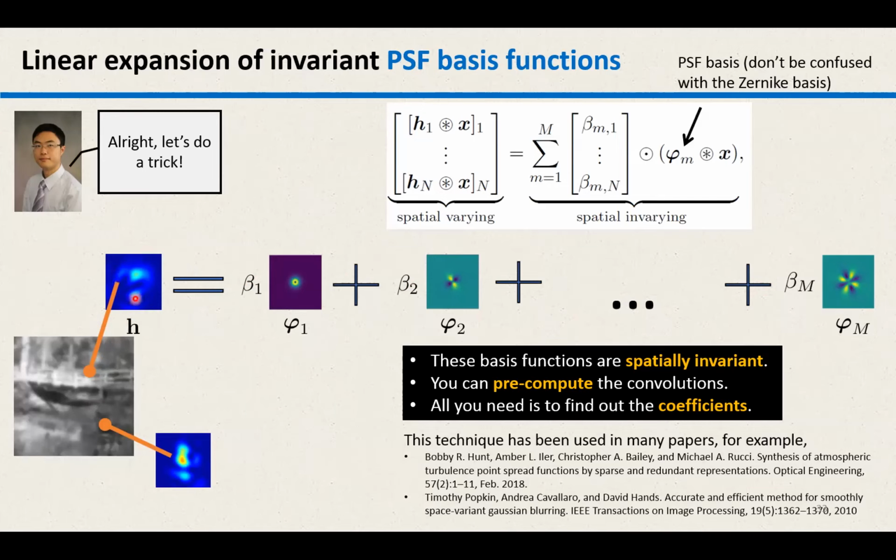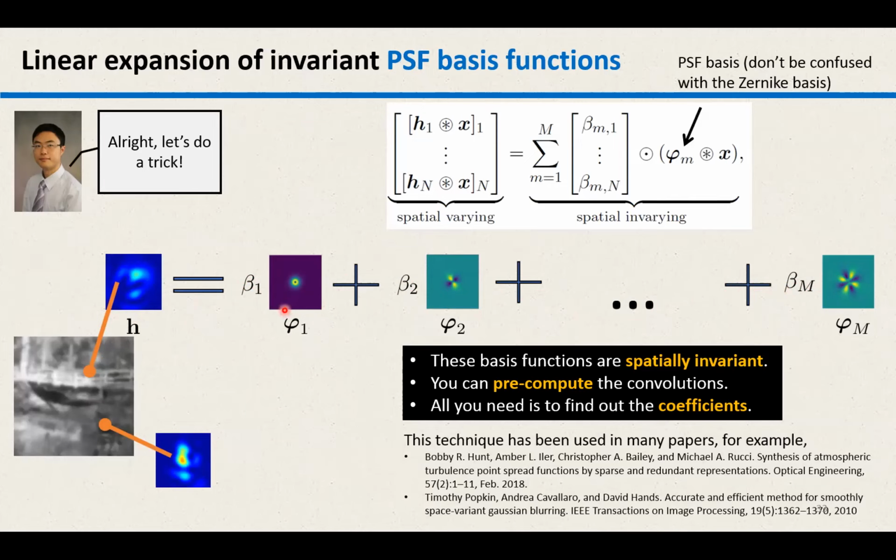You look at this point spread function here, and you can imagine that they're Gaussian bases, and then their derivatives and so on. So here is the point spread function. You can write it as a linear combination of all these basis functions, and these betas are the coefficients. So at this pixel location, you have this PSF, and therefore you have this set of betas.